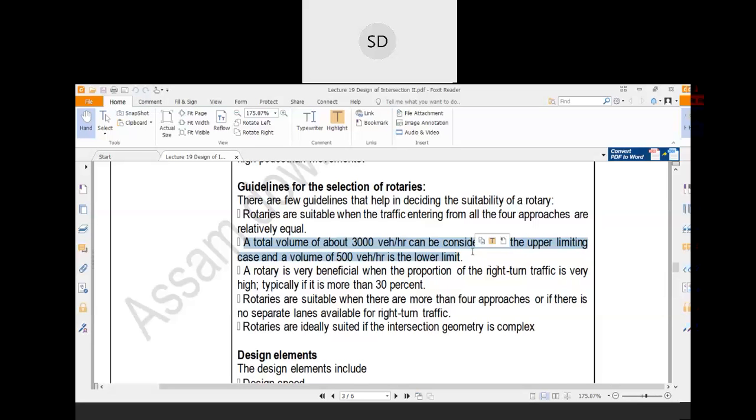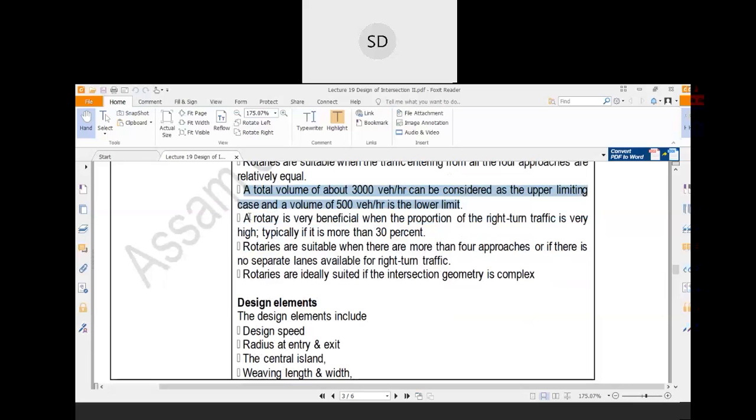So whenever the volume of vehicles increases beyond 500 vehicles per hour, you can introduce a rotary intersection in the case of a plane intersection. But if the traffic volume increases beyond 3000 vehicles per hour, in that case a rotary intersection will not be helpful.